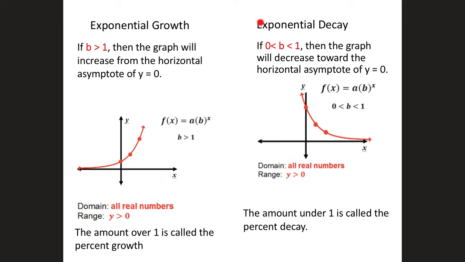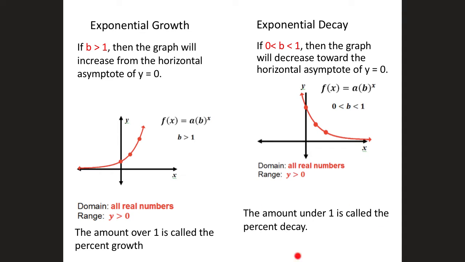If the value of b is between 0 and 1, so a decimal like 0.5 or 3/4 or something like that, we would call this an exponential decay. What this means is that the graph will start at a y value and it is going to decrease towards a horizontal asymptote of y equals 0. The domain is still going to be all real numbers, and the range is still going to be everything larger than that horizontal asymptote.